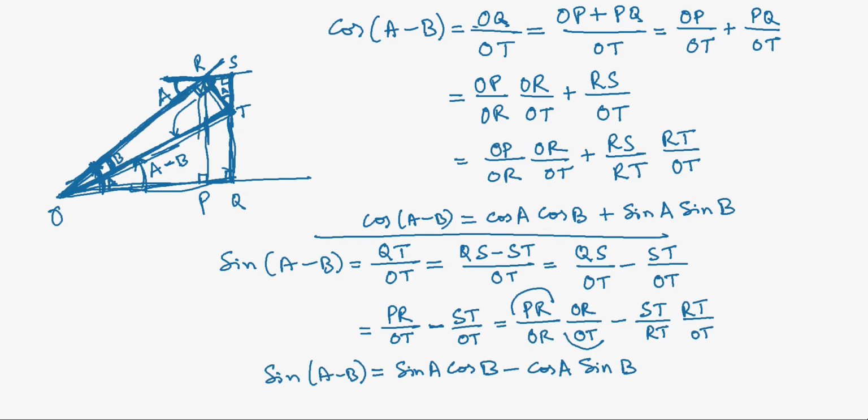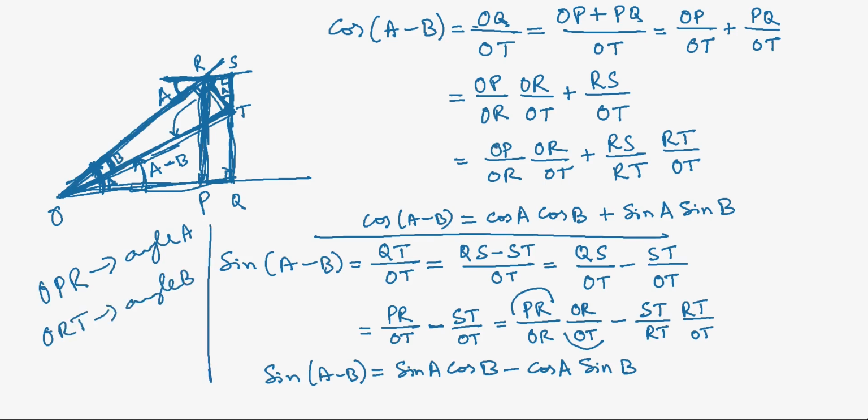This one is our angle A. This triangle, OPR, is for the angle A. ORT is for angle B. And there is an extra small RST, another right angle triangle, again for angle A.